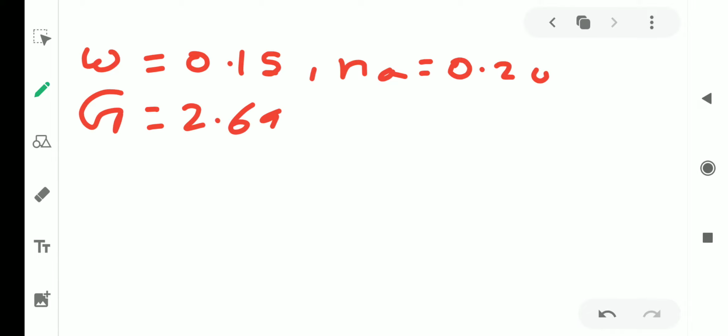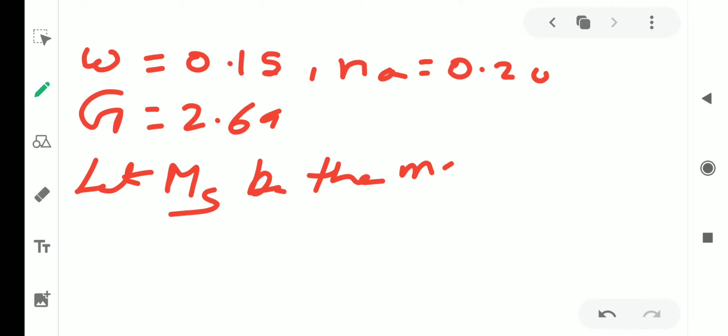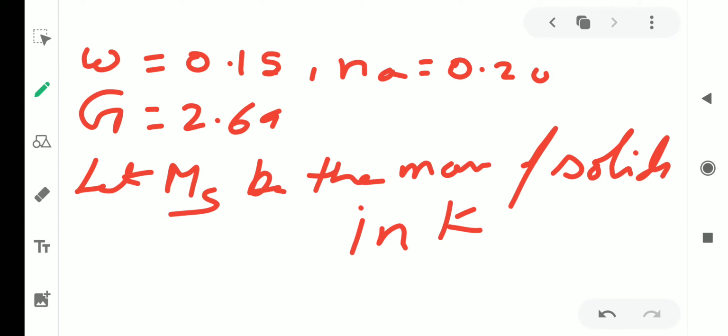We have to find the mass of the soil and mass of the water required for preparing such a specimen. Okay, so let us assume that Ms be the mass of solids in kg. This is our assumption.